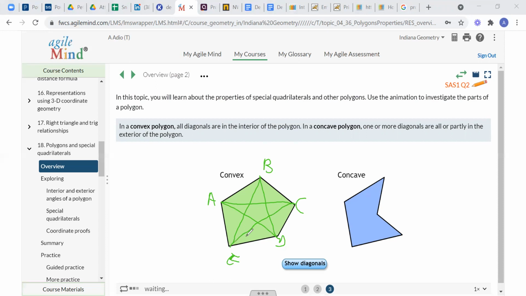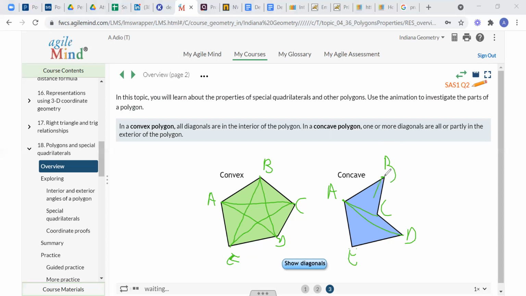But a concave polygon is whenever at least one of the diagonals is not inside the polygon. Here, if I have the vertices A, B, C, D, E, I can trace A to C, it's inside the polygon itself. A to E, A to D, it's inside.